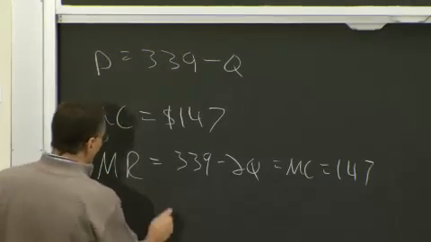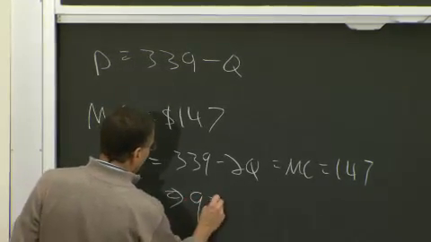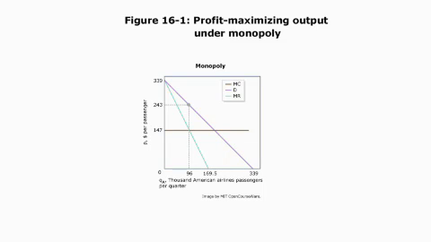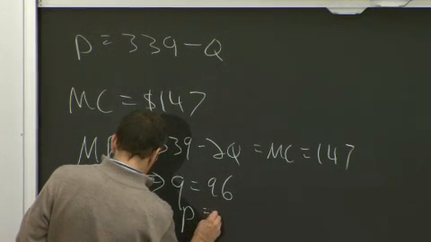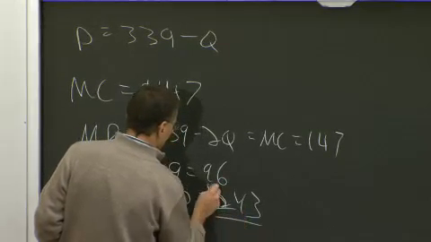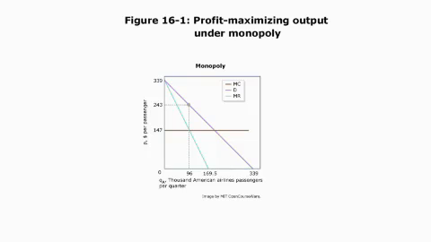Okay? So it would choose a quantity of 96. If it was a monopolist, it would choose a quantity of 96, and a price of $243, which we just get off the demand curve. If the quantity is 96, the price is 243.